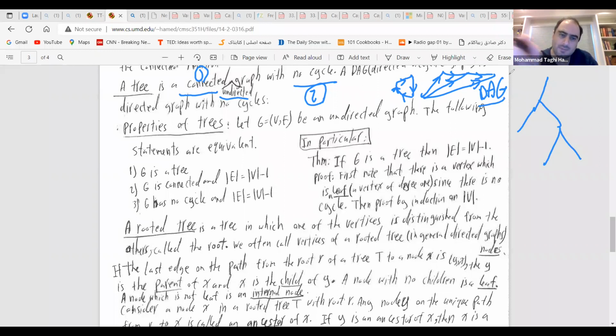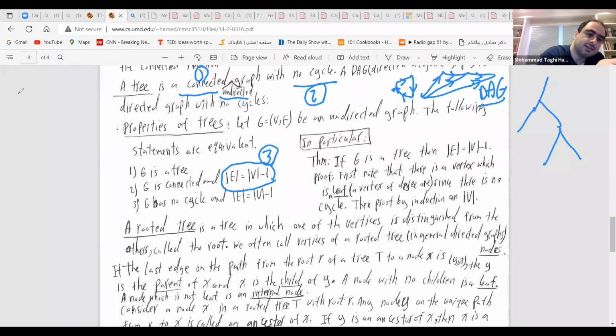But here, the one that we mainly talk about and use the most is the undirected one, the tree. So it is a connected graph with no cycle. Actually, there are three properties, all of which are equivalent. So a tree is a connected acyclic graph, or the third condition is this one.